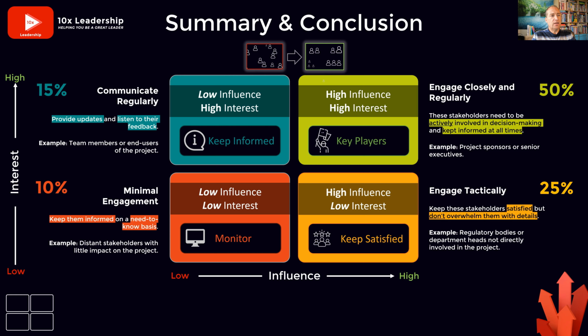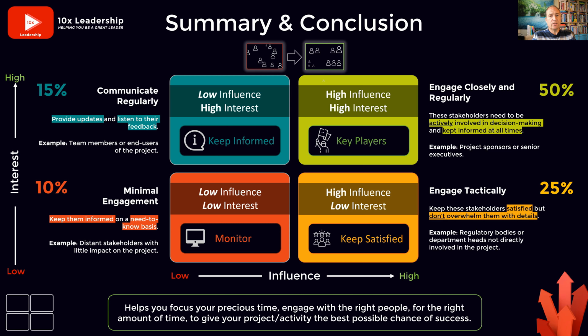And I suppose the last thing to say, a bit like I've said in some of the other videos recently, is this model will help you to focus your precious time. And it really is precious time. It's even more precious as a leader, because you've got to help your team deliver as well as you've got to be effective personally. This helps you engage with the right people for the right amount of time, and it gives your project the best possible chance of success.